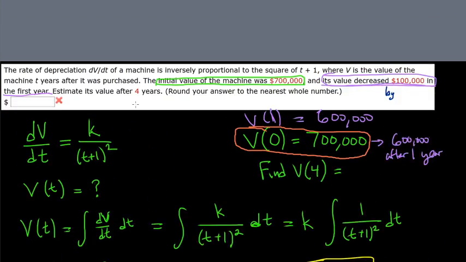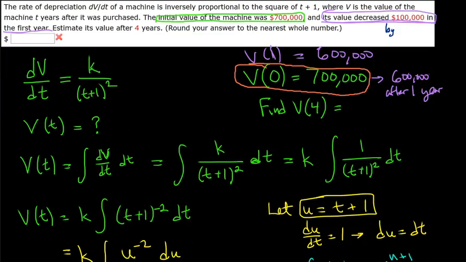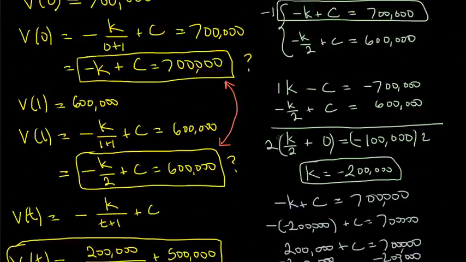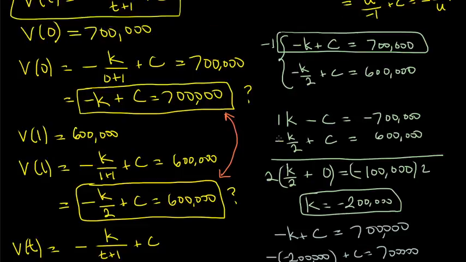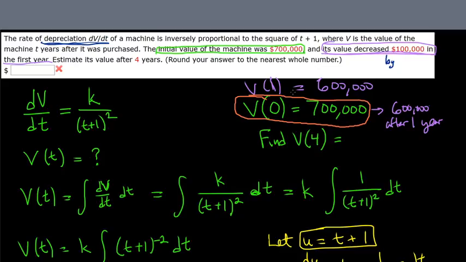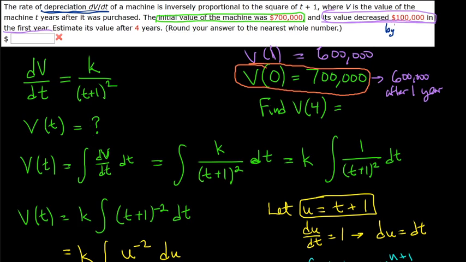That's what we mean by the word depreciation. The rate of depreciation, dV over dt, is how quickly the value of the machine is decreasing. And it's not a constant rate. It's not decreasing $100,000 every year.